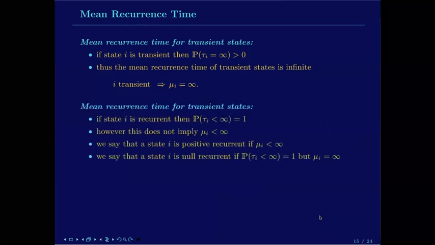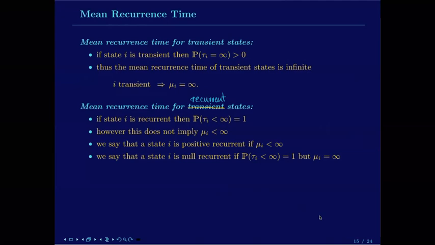On the other hand, if we now look at the mean recurrence time for recurrent states, we definitely have that the probability that tau_I is finite, so that the chain returns, equals 1.